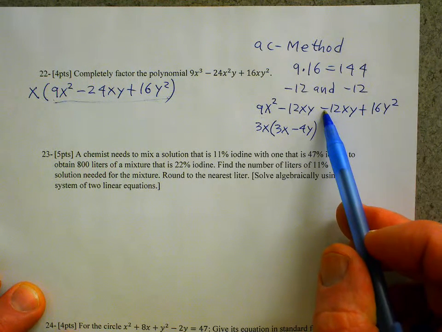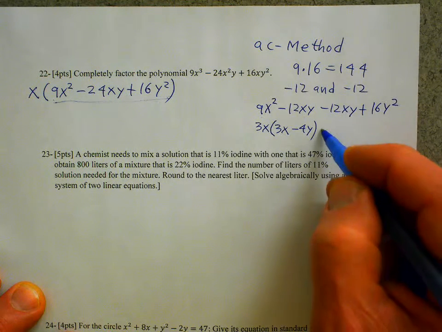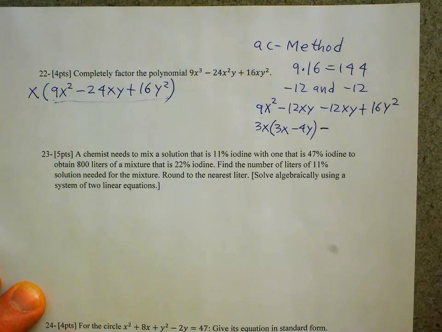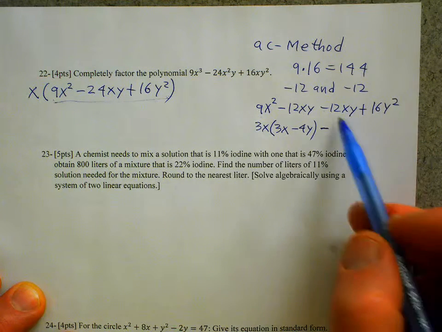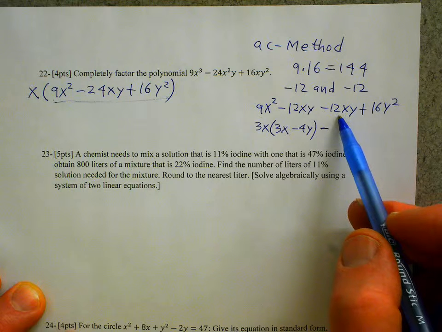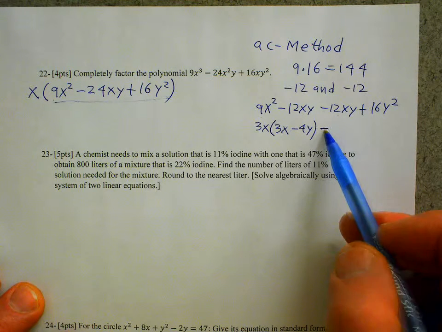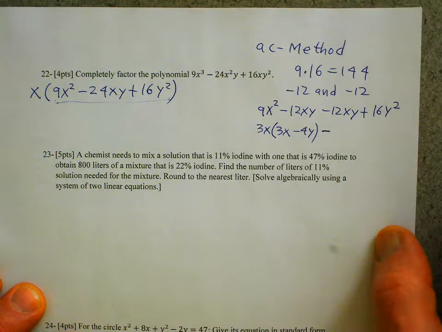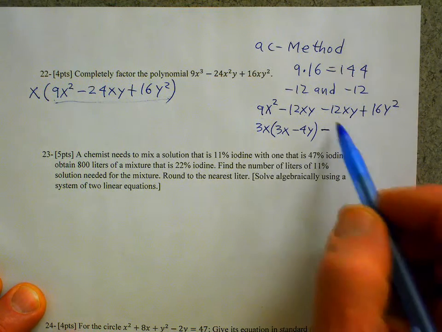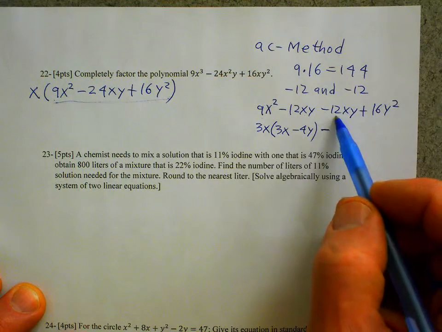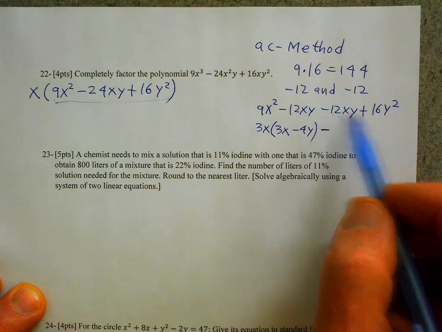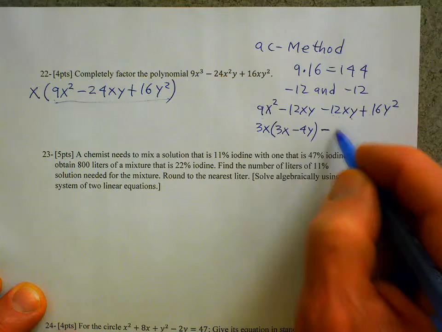The middle operator is subtraction. So out of the third and fourth terms, we're going to factor out the negative of the greatest common factor. Well, the greatest common factor involves 4y, so minus 4y.